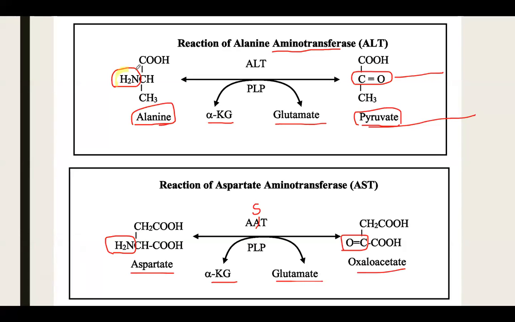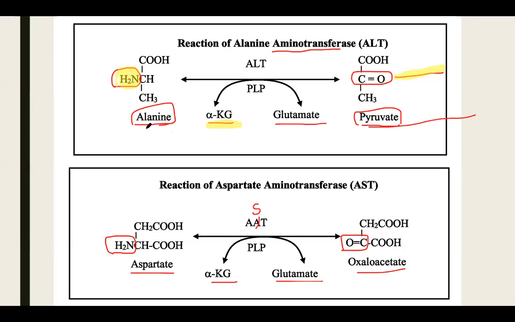This is the amino group. I'm going to give this amino group to a keto acid, alpha ketoglutaric. The amino group is translocated, shifted to the keto acid alpha ketoglutaric, and this amino group will be replaced by a ketone.